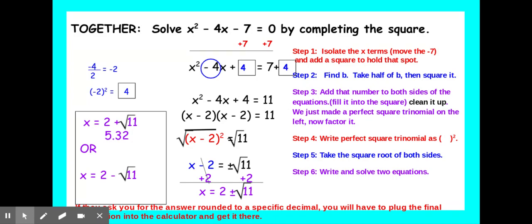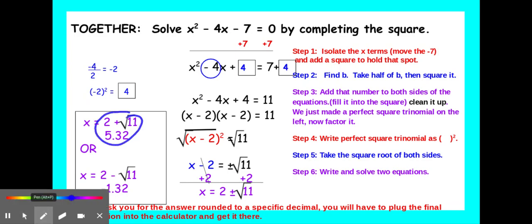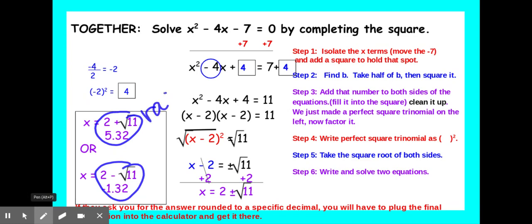That just means our answers are irrational, and I'm rounding it. Or if I put 2 minus radical 11, I'm going to get negative 1.32. So those are similar answers. These both go together, and these both go together. But this one would be radical form, and this would be decimal. So you really have to hone in on what they're asking you to express your answer as.